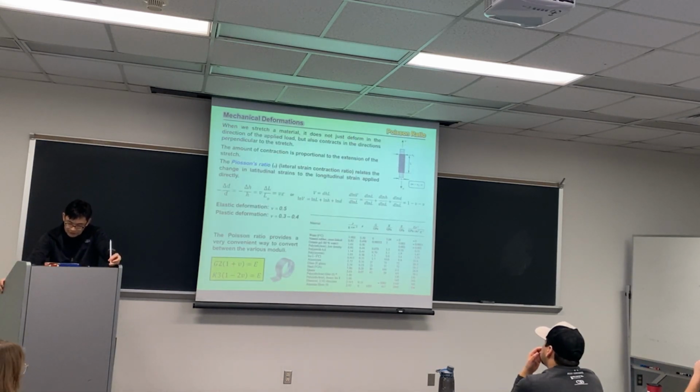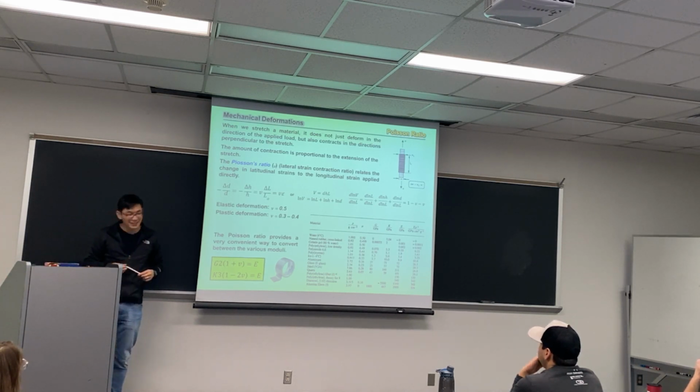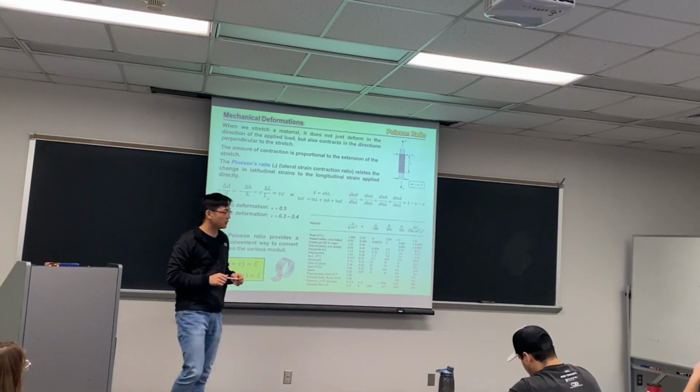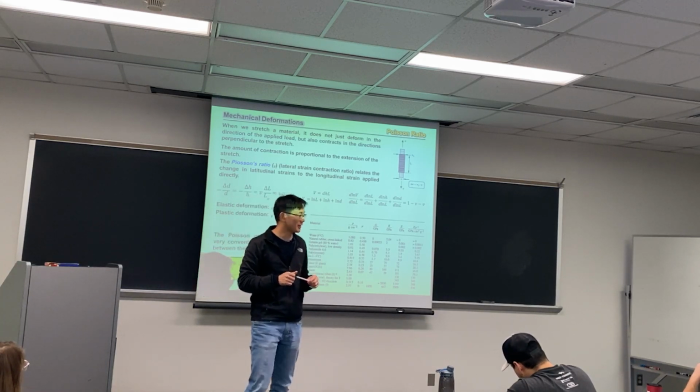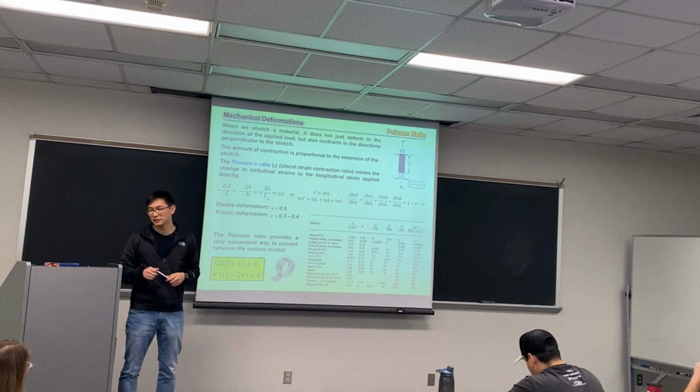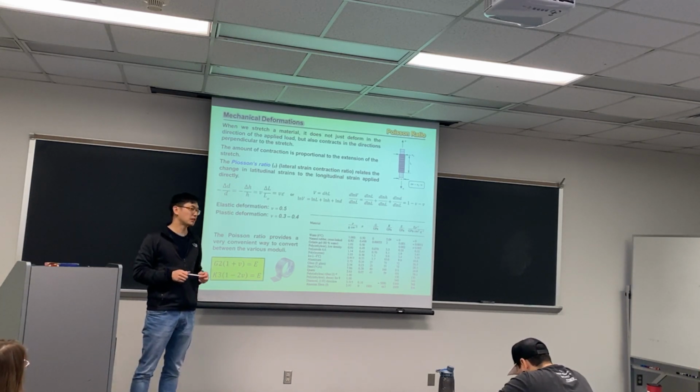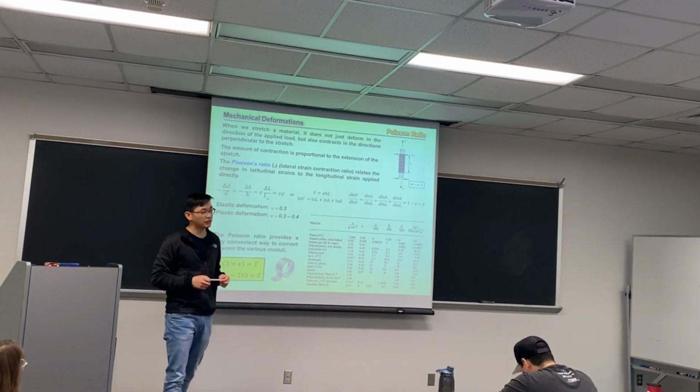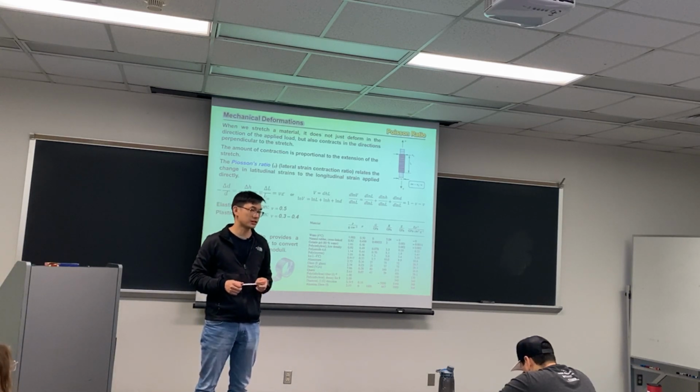Now, let's define the second term, very important for everybody. It's called Poisson ratio. Everybody, tell me, have you ever learned this concept already? Okay, we don't need to go into too much detail. It talks about how the deformation perpendicular to the primary deformation direction compares to the primary strain, right?